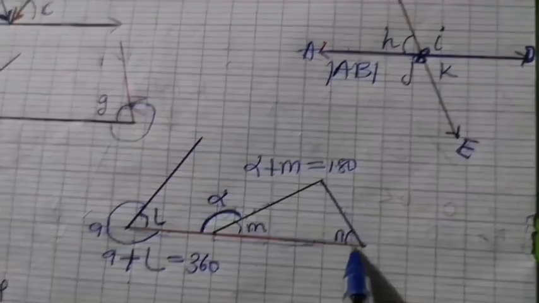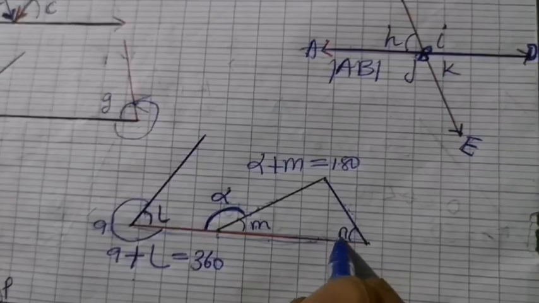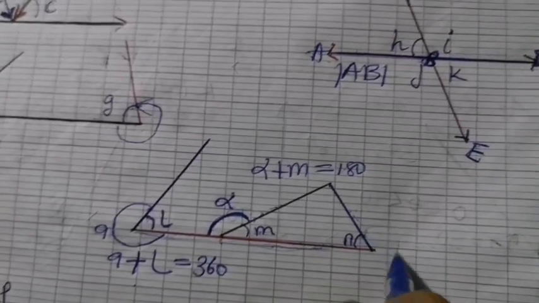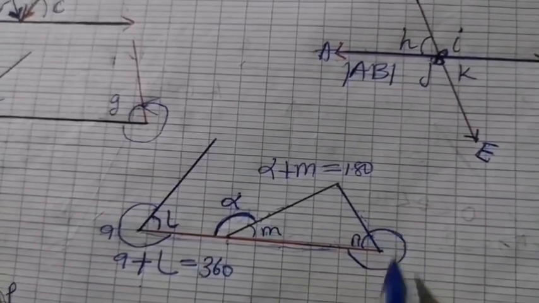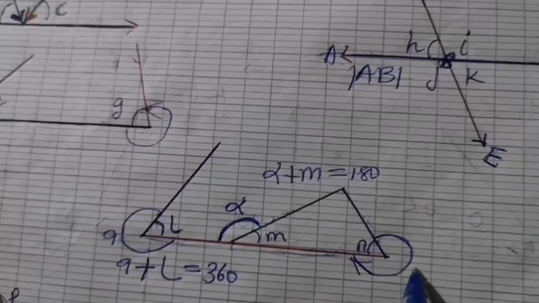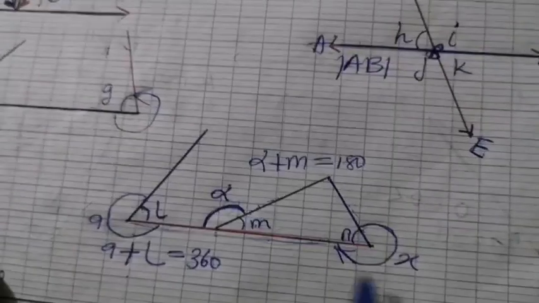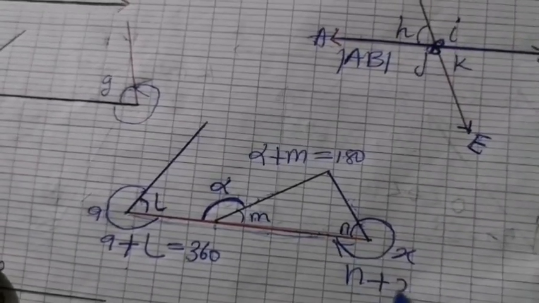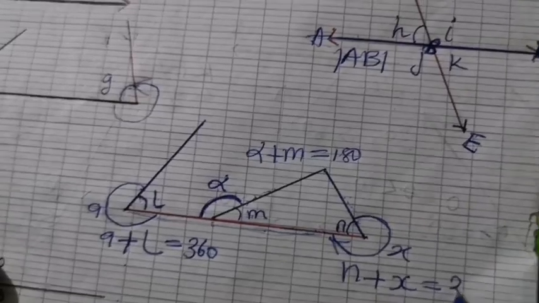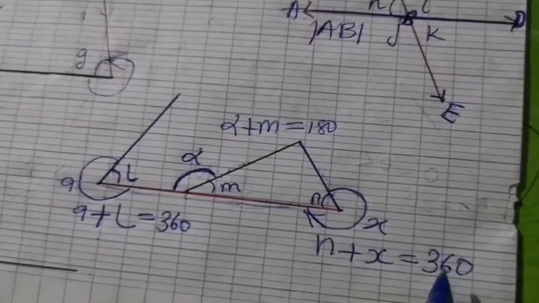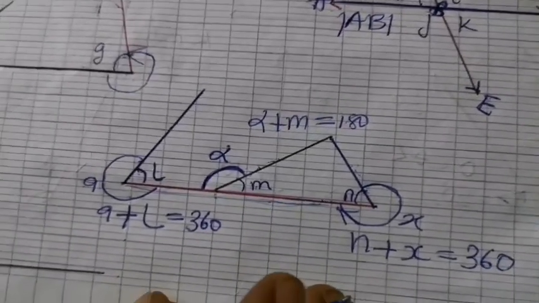So we will consider this angle here, with another angle formed here, as angle at a point. If we have an angle X here, I will now say that N plus X is equal to 360 degrees, because angle at a point sums up to 360 degrees.